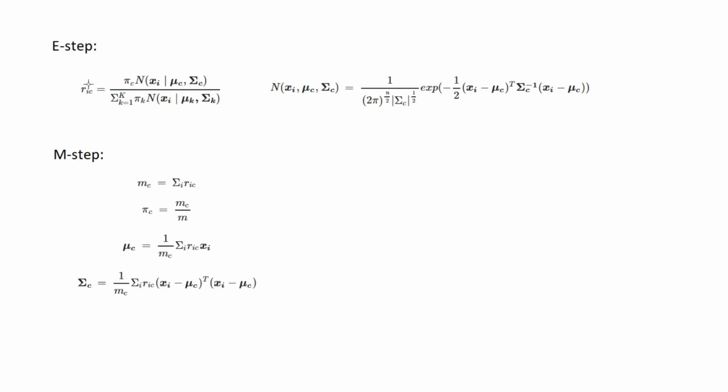So the maximum value here is 1, and the minimum value is 0. If we have a very bad fit here, we will divide by a sum where some of the other Gaussians may have a much higher probability density function value for this xi, and it will completely dominate here, so we will get a 0.